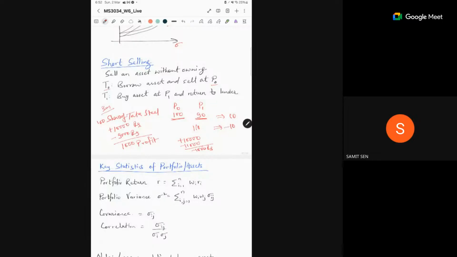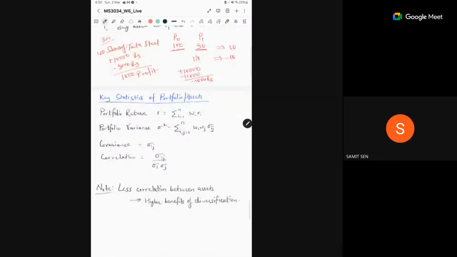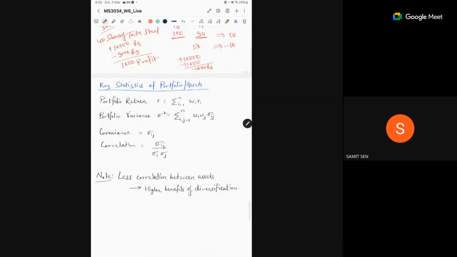Okay. So coming to the week 7 discussion, we are now starting our discussion of portfolio theory. In portfolio theory, let's have a quick recap of the statistics. The mean is the sum from 1 to n of wi ri, where w is the weight and ri is the return of asset i.